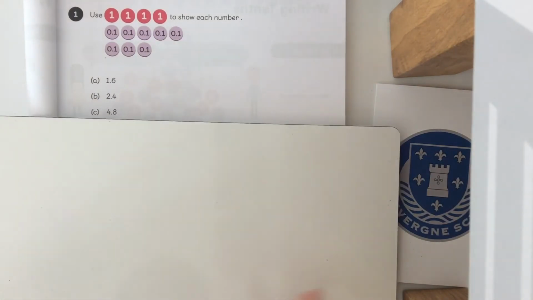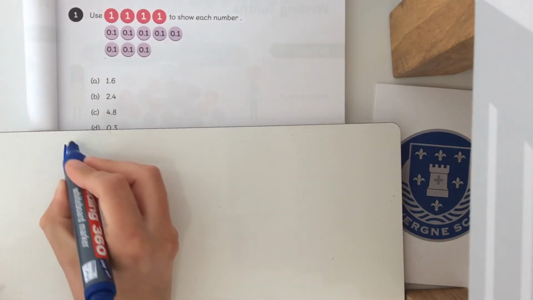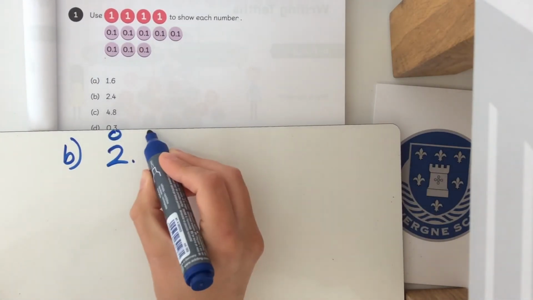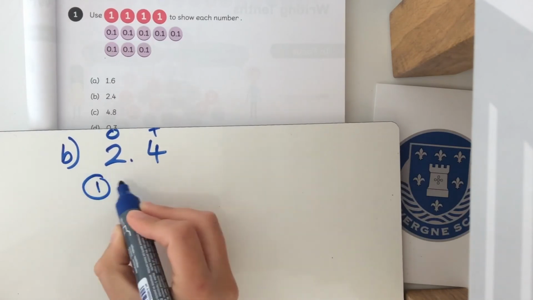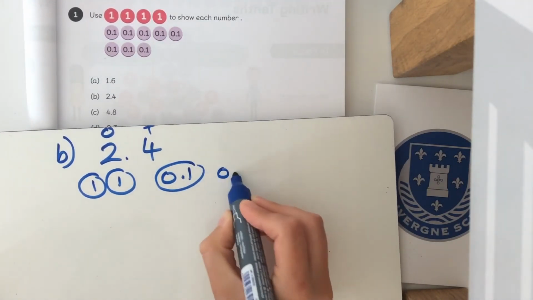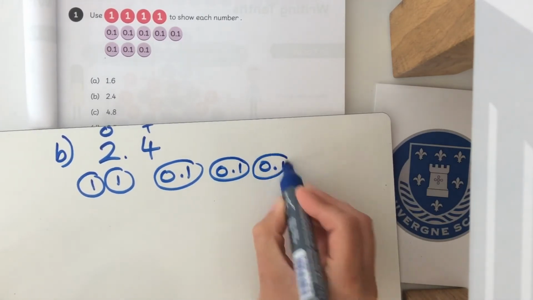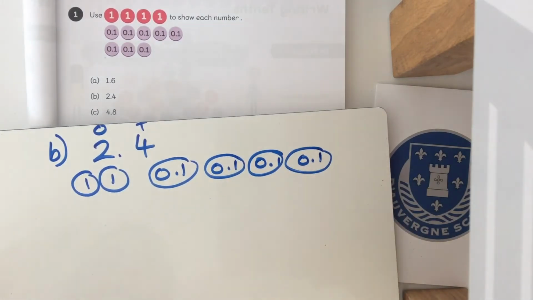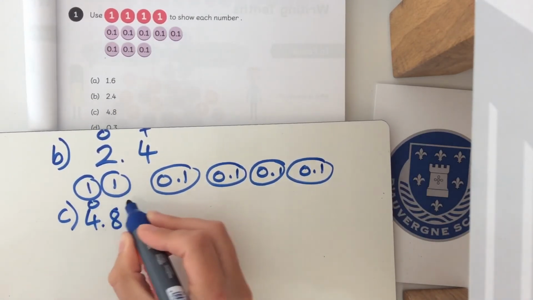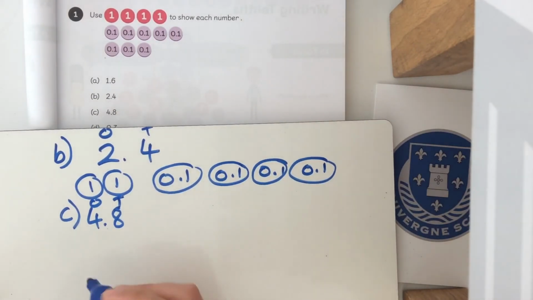Right, so B, we have 2.4. So we have 2 1s and 4 tenths. So that means 2 1 coins and 4 tenth coins. Okay, for C, we've got 4.8. So we've got 4 1s and 8 tenths.